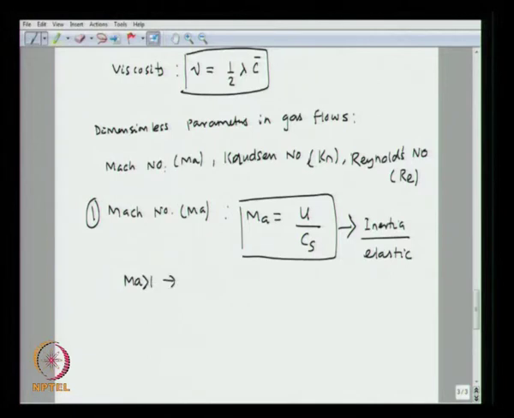For flows where the Mach number is greater than 1, it is known as supersonic flow. When it is equal to 1, it is sonic flow, and when the Mach number is less than 1, it is subsonic flow.